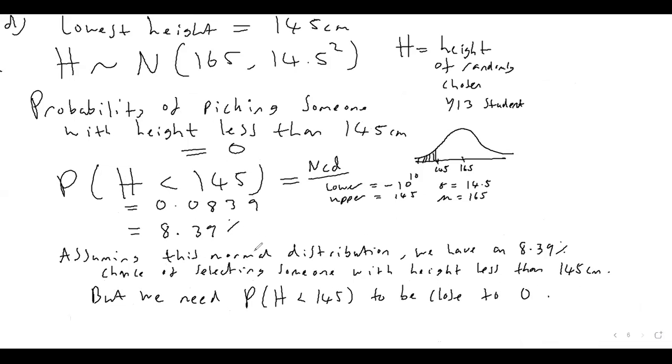So therefore, you can say this normal distribution may not be appropriate. A normal distribution may be appropriate for the heights of these students, but maybe the variance is too big. Maybe the standard deviation is too big.